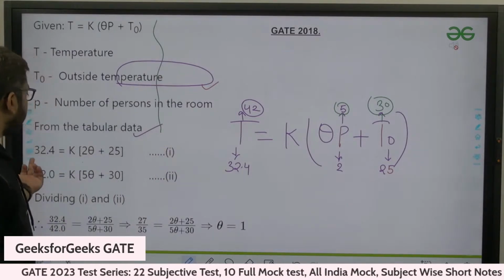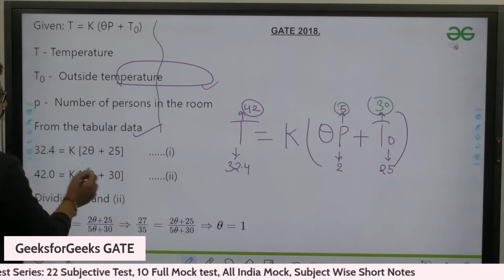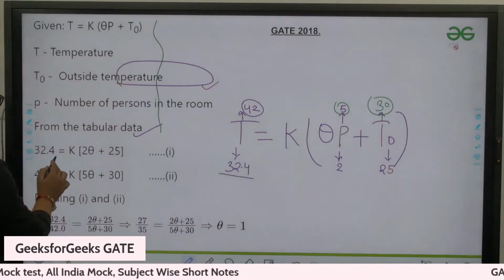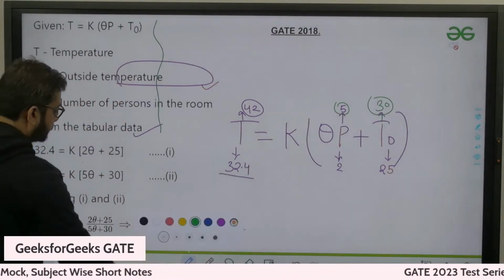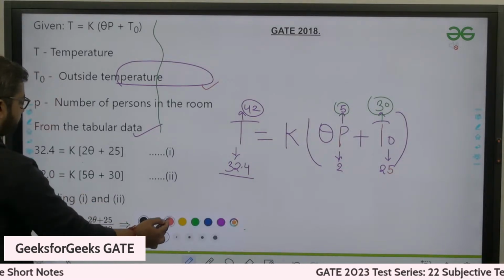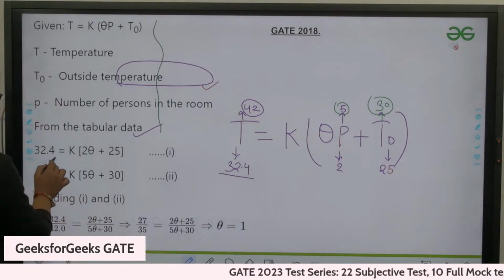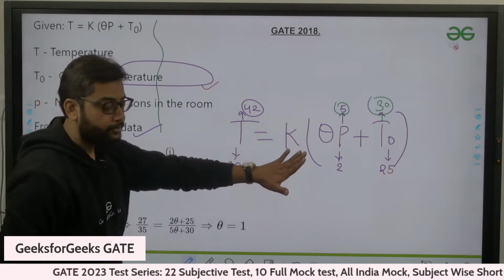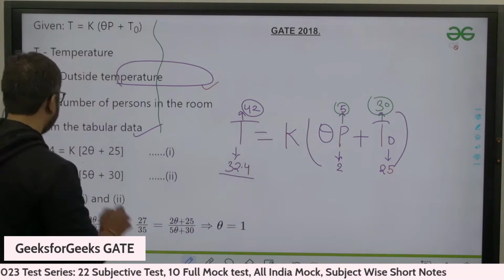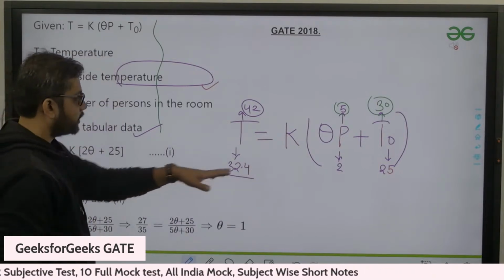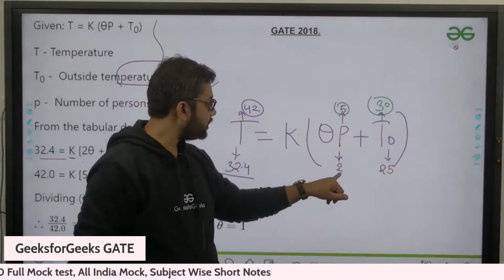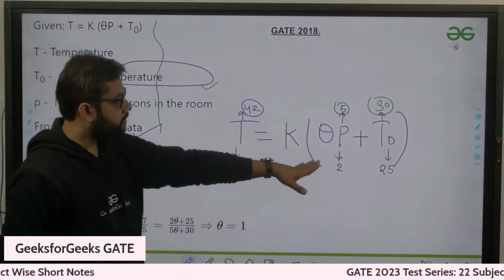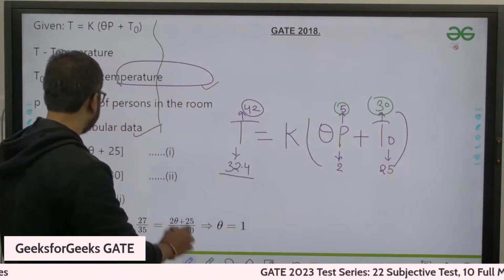So the two linear equations are formed. For the first linear equation, we put T is equal to 32.4, which is equal to K, since we have no idea about the value of K, K bracket theta P. P is equal to 2, so 2 theta plus T naught, which is 25.